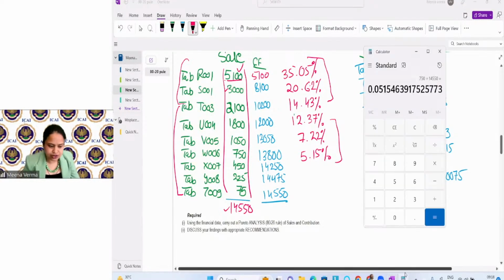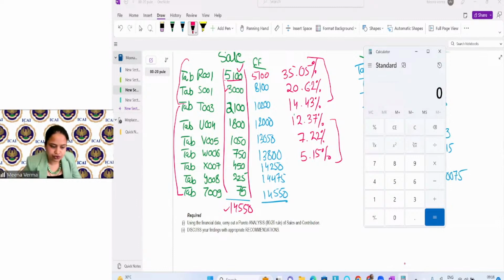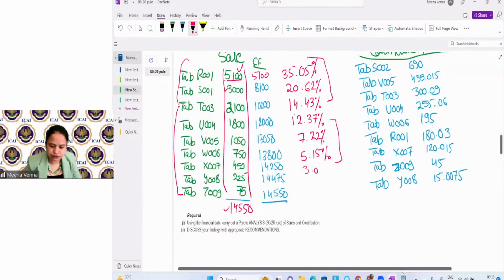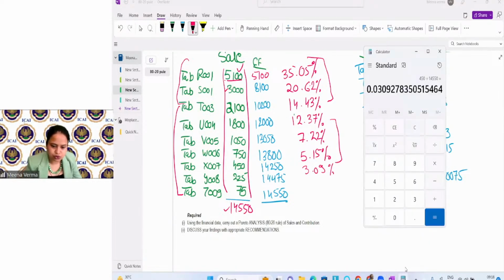Let's calculate the other values also. So 450 divided by 14550. It is coming as 3.09%. Next value, 225 divided by 14550. This is coming as 1.55%.